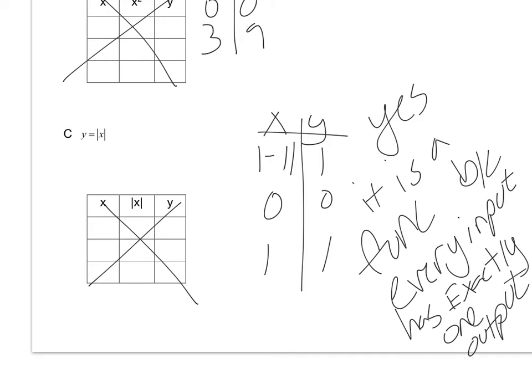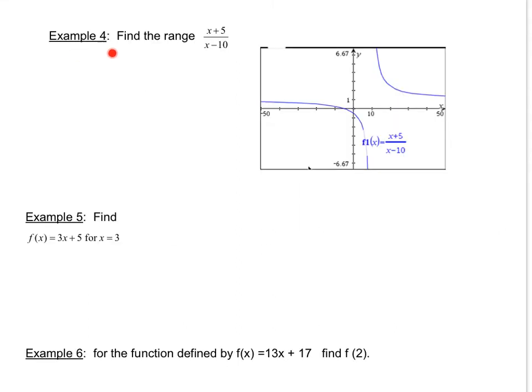Okay, let's take a look at some more. Alright, so it says find the range of x plus 5 over x minus 10. So you want to think all real numbers. But if we look in here, and we remember, see how this is a horizontal asymptote? So really, and there's multiple ways to look at this. We can look at the graph and see how it's never crossing 1.